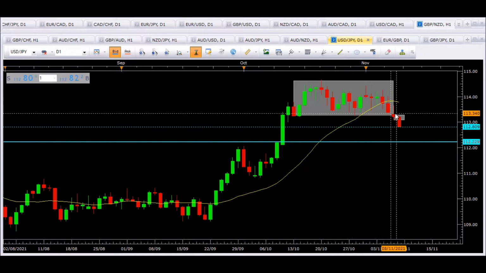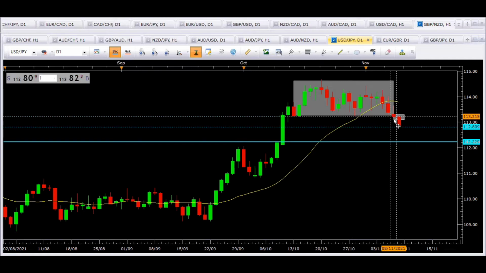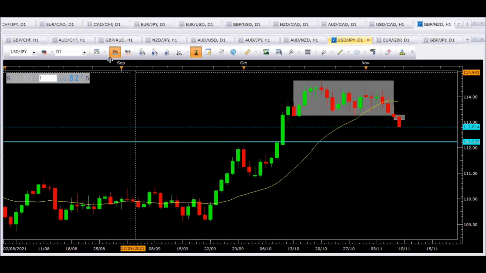And then yesterday, you can see yesterday's candle broke out of that zone, broke this low. All right. So now we're looking for a short. And our target is 112.22. This would be our target. All right, but let's look on the H1 for execution.